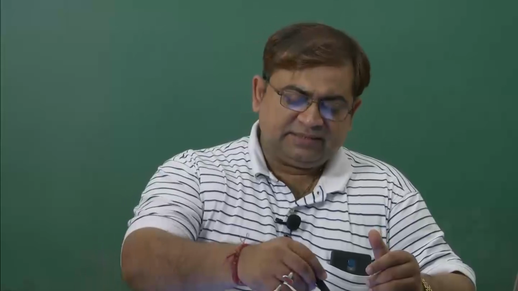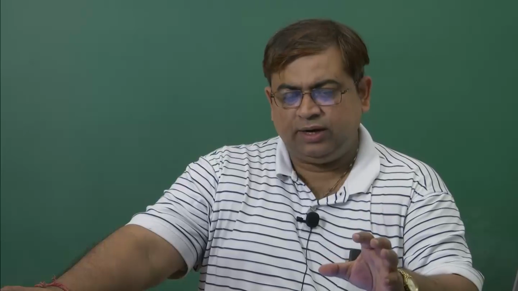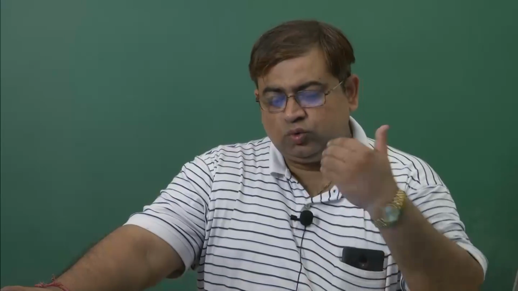So, then there are variations in hand and body motions which can lead again to variation in cycle time. There can be many kinds of blunders and bungles by workers. For example, in some cases workers may damage intentionally some production unit, or some work unit, and it may lead again to necessary rework, and then there is some idling aspect of different workers.